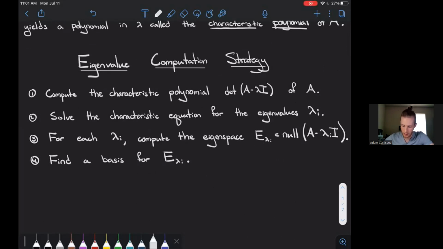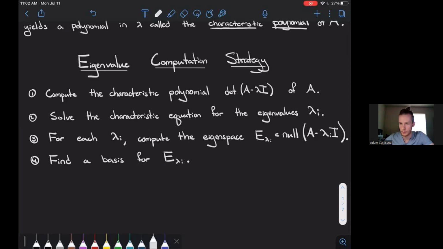Then solve the characteristic equation for the eigenvalues lambda_i. For each lambda_i, compute the eigenspace, which is the null space of A minus lambda_i I. And then the last thing we'll do is find a basis for each eigenspace.